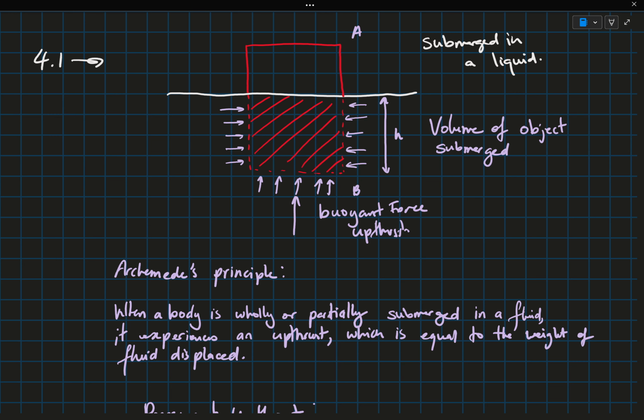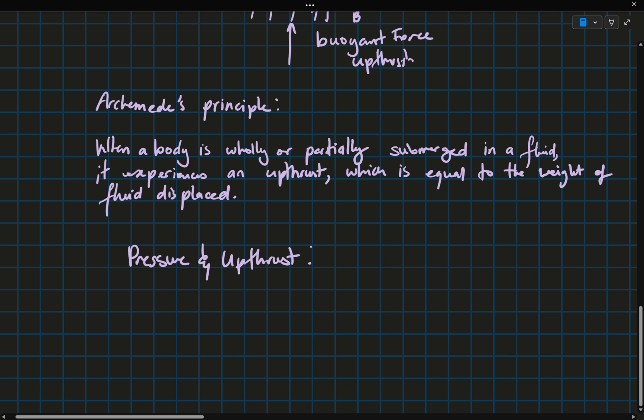So as we increase the depth, the pressure will increase. Let's say that this is the surface of a liquid. As we increase this depth that we can term as H, as we go further in the liquid, the pressure will increase due to the weight of the fluid above.